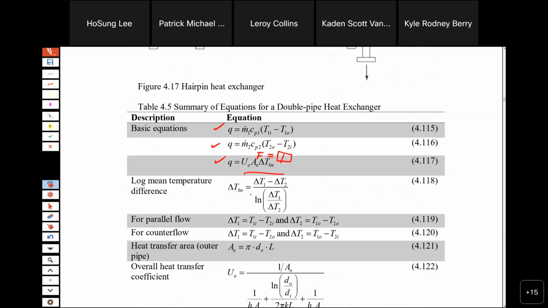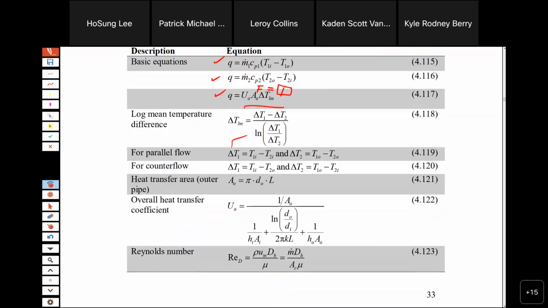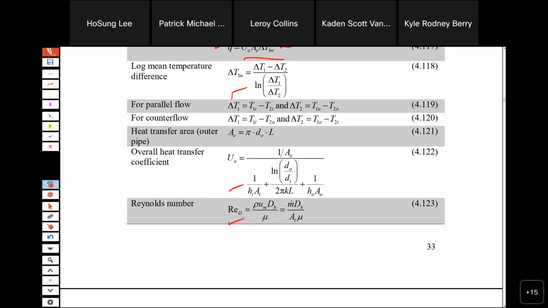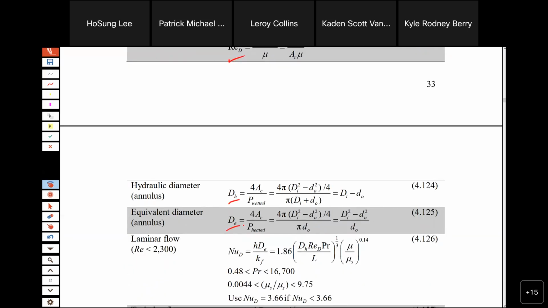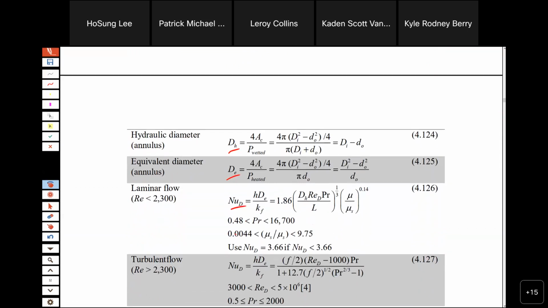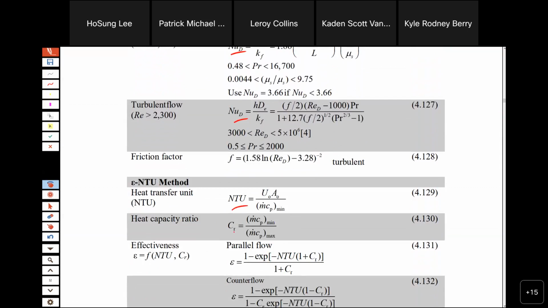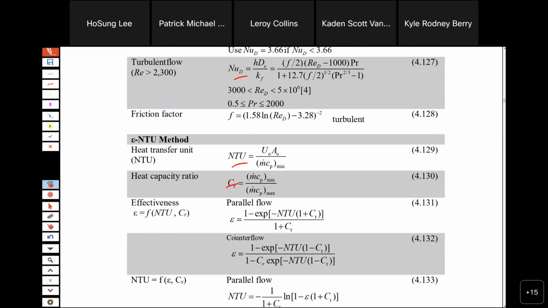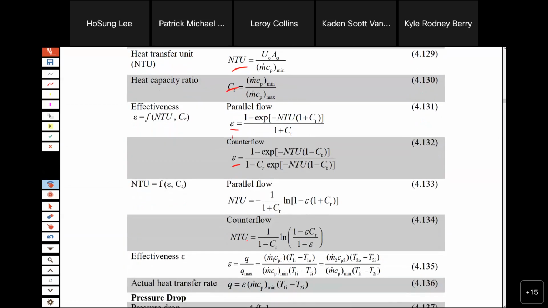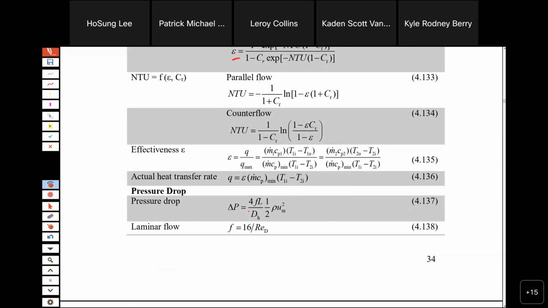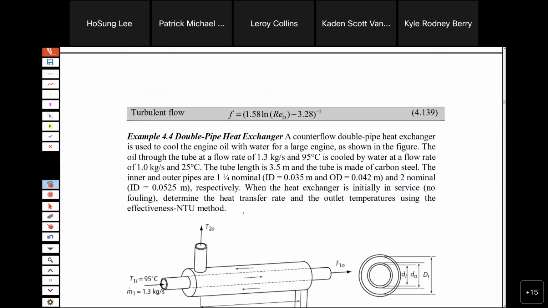Otherwise, we discussed this and this, and hydraulic diameter, equivalent diameter, Nusselt number. We discussed everything. It's just a summary here. You can use NTU, CR, parallel flow, counter flow, all kinds.